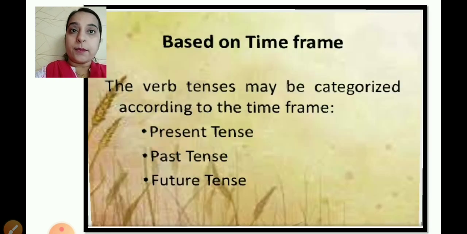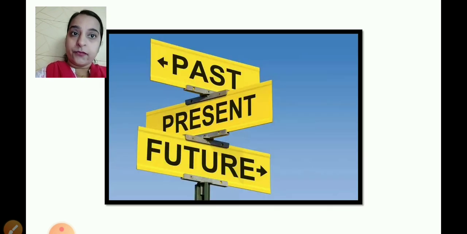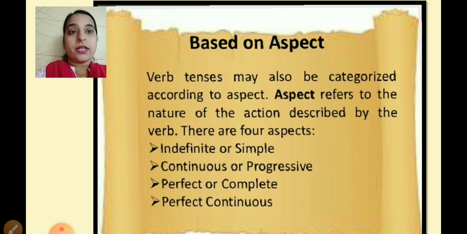So, the verb tenses may be categorized according to the time frame: present tense, past tense, future tense. Verb tenses may also be categorized according to aspect.